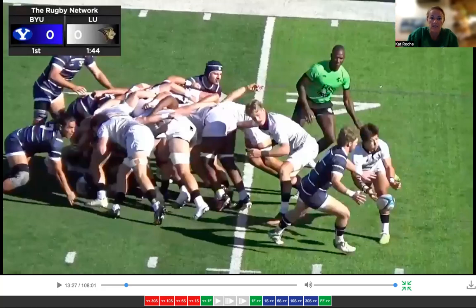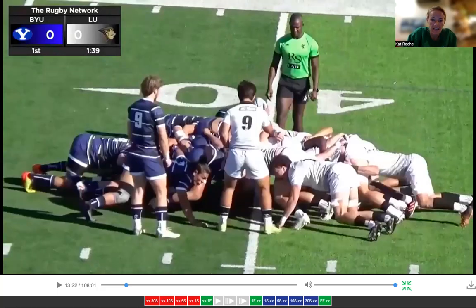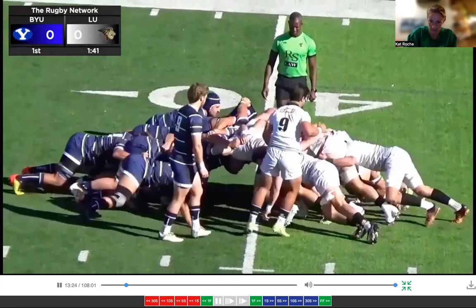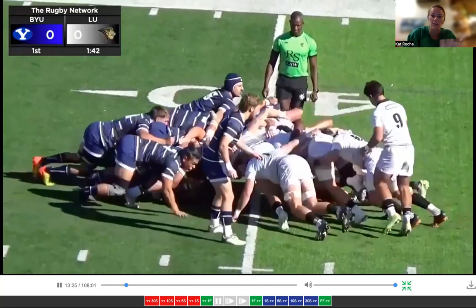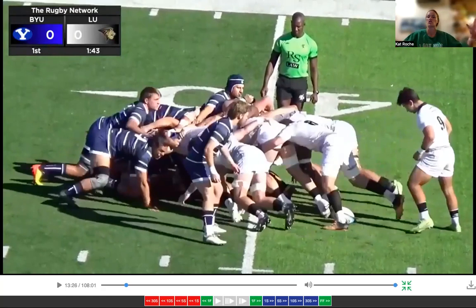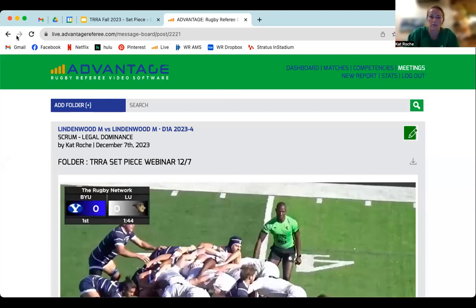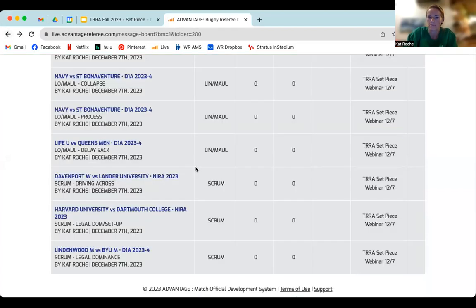So this, everything's fine by white. Again, if you look too closely, sure, you'll find things, but instead of looking close, I challenge you to look big. White's clearly dominant here. If that ball didn't come out super smooth, you would expect a penalty to white for doing a good job at scrumming. But the ball comes out, so we're happy to play away.